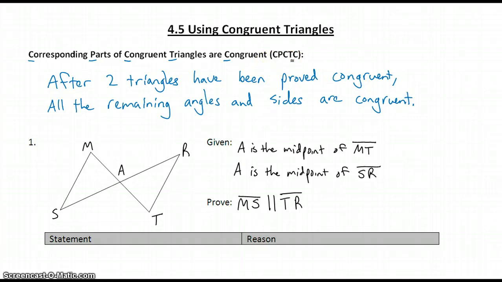CPCTC gives us a way to use congruent triangles to prove something else. Let's look at a proof where we have to use CPCTC.